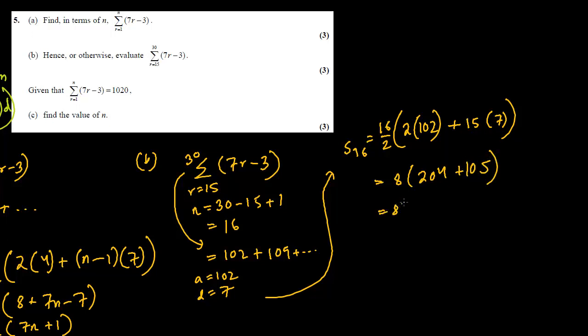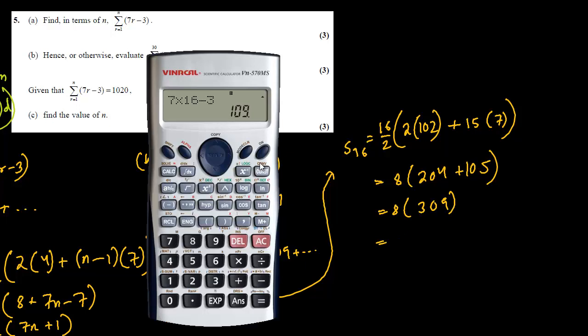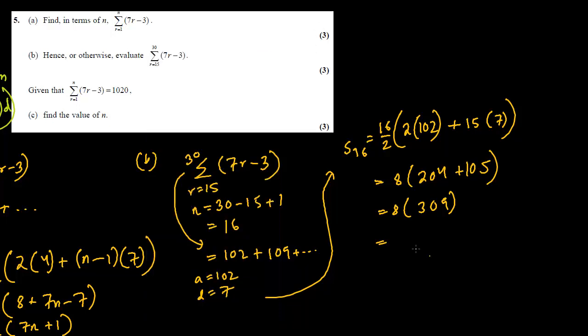This turns out to be 8 into 309, which is 309 multiplied by 8. 2472.